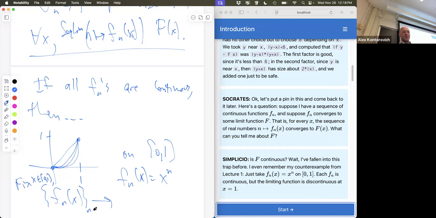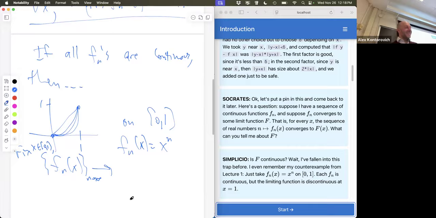This sequence, as n goes to infinity, converges to, Joe? 0. It depends. Exactly right. 0 if x is less than 1. You take any number less than 1 and you raise it to a very high power, in the limit you're going to get 0, unless that number was already 1, in which case you get 1. So there's nothing I can say about the limiting function.